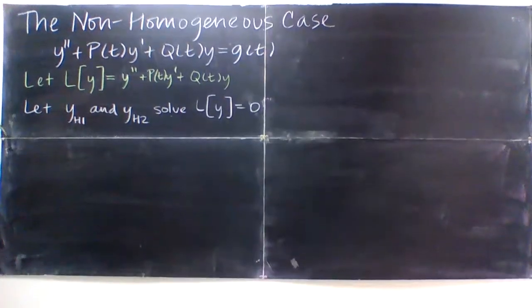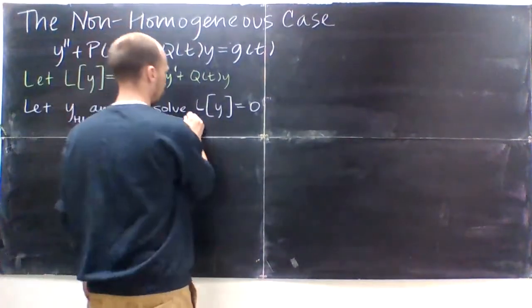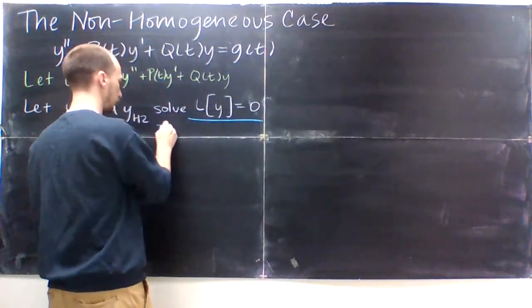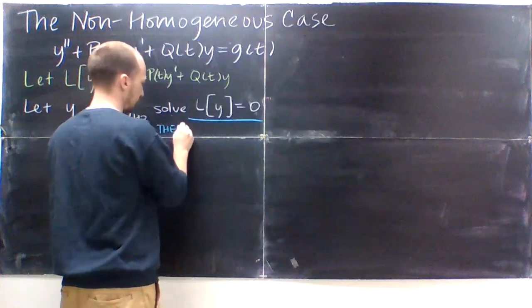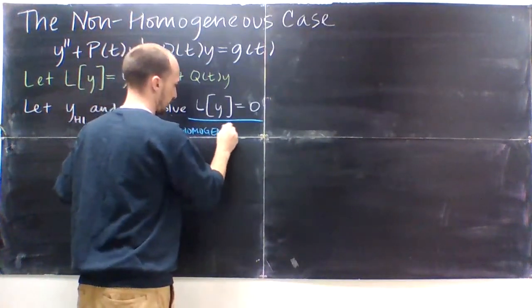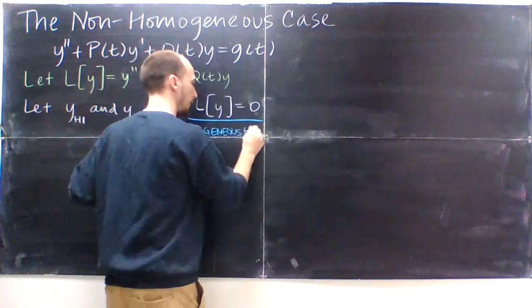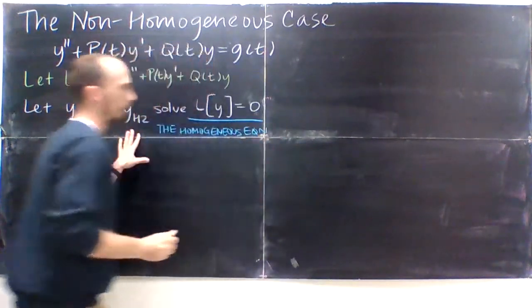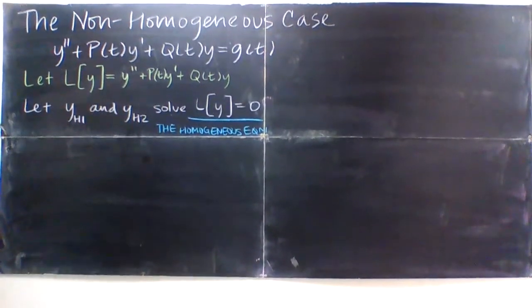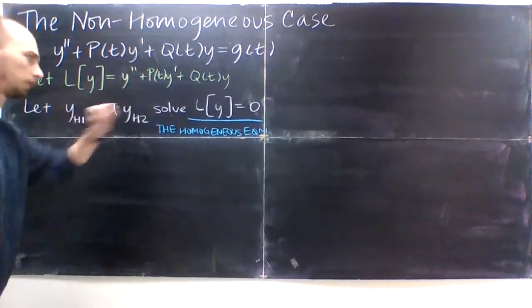I'll underline that in blue, just in case I need to come back to it, and write that down. All right, the homogeneous equation. Suppose I've got two linearly independent solutions to the homogeneous equation.